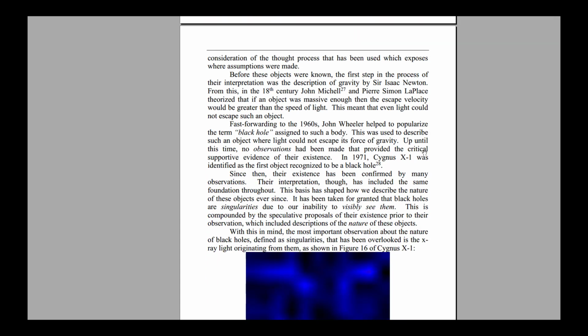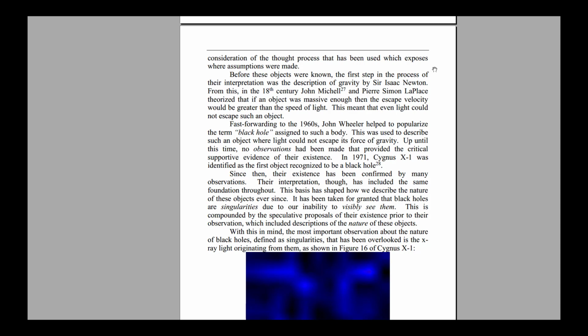Before these objects were known, the first step in the process of their interpretation was the description of gravity by Sir Isaac Newton. From this, in the 18th century, John Michell and Pierre-Simon Laplace theorized that if an object was massive enough, then the escape velocity would be greater than the speed of light. This meant that even light could not escape such an object.